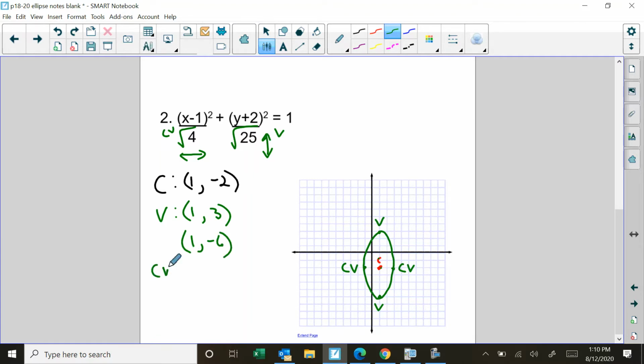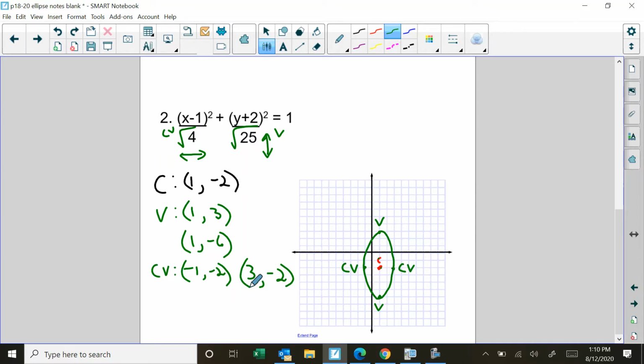The co-vertices, we didn't list this on the last one, is -1, -2. And I'm going to move this out to the right. We've got 1, 2, 3. So 3, -2. I'm going to rewrite that. 3, -2. So that's the vertices, co-vertices, and the center for that ellipse.